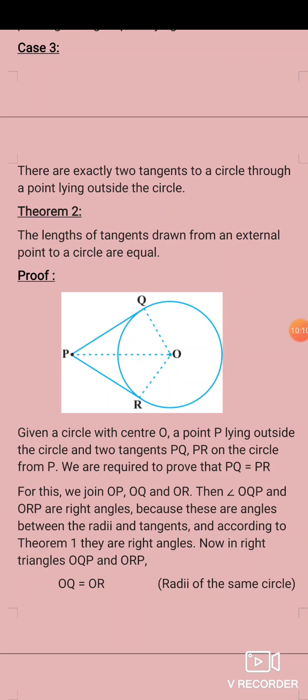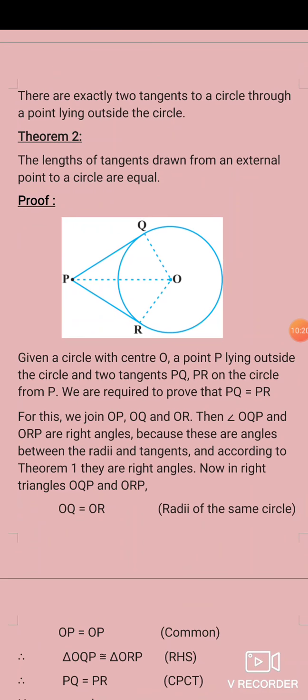Now in right triangles OQP and ORP, first condition, OQ is equal to OR. Second condition, OP is equal to OP, which is common. Now triangle OQP is congruent to triangle ORP using RHS.